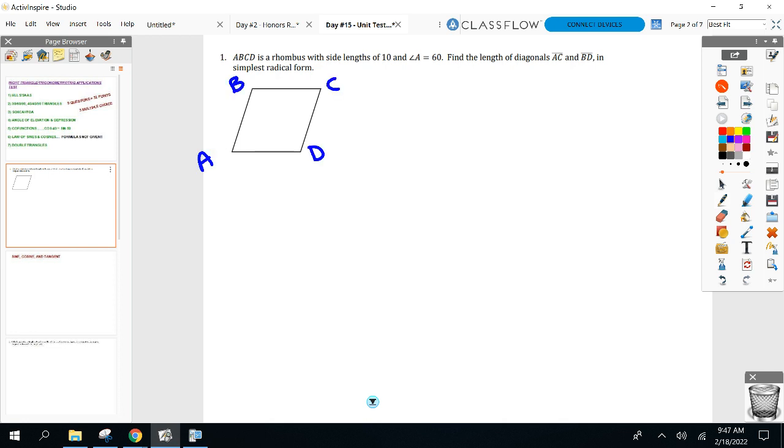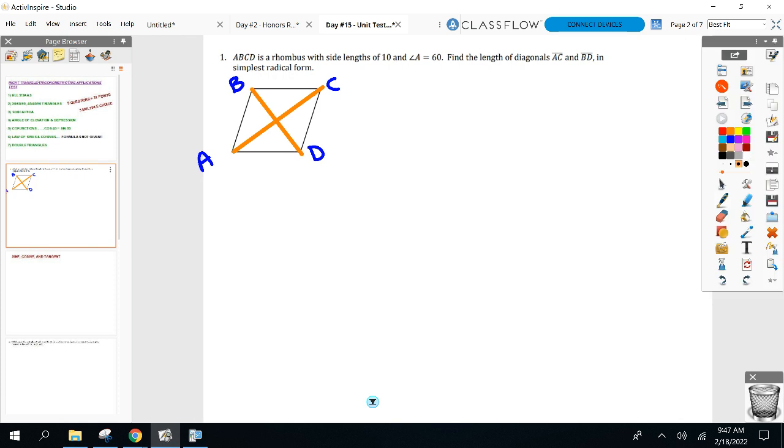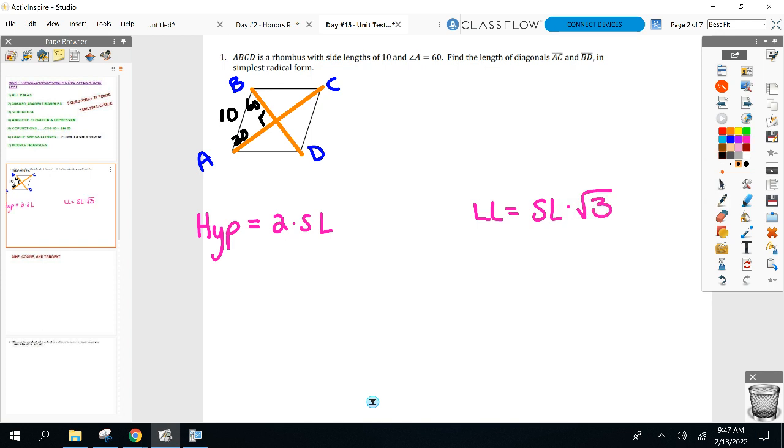And just find the longer leg. You just need 5 times that. So it would be 5 times radical 3, so it's just 5 radical 3, which is 15? And then AC would equal 30. No, BD is 10, the whole diagonal.